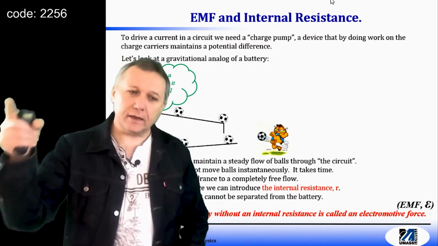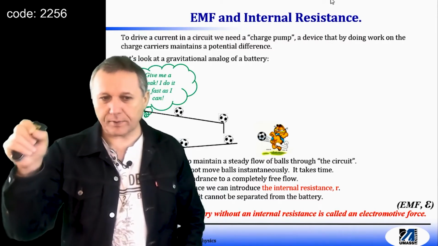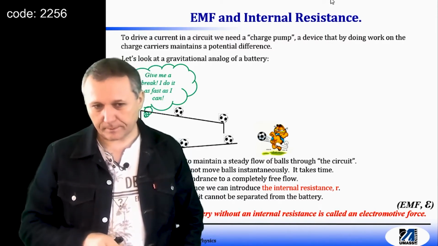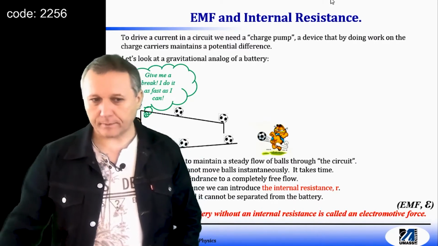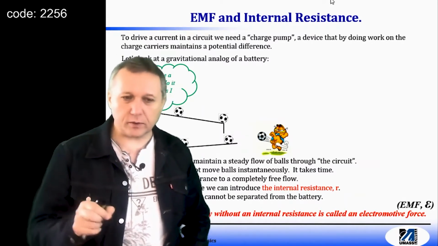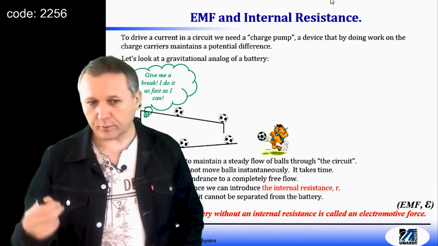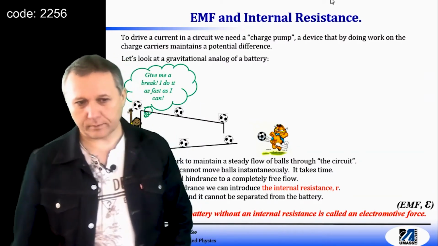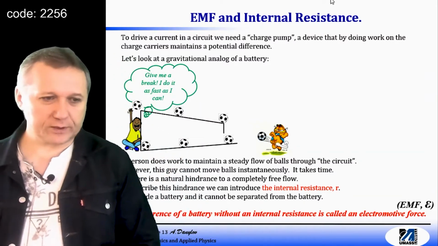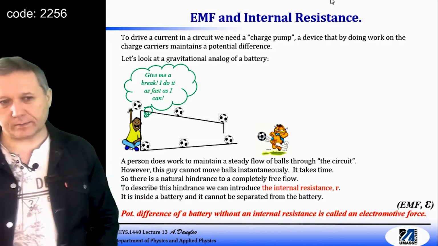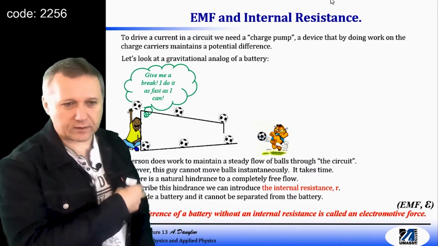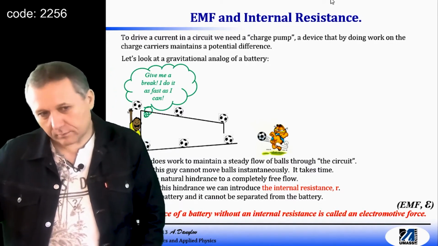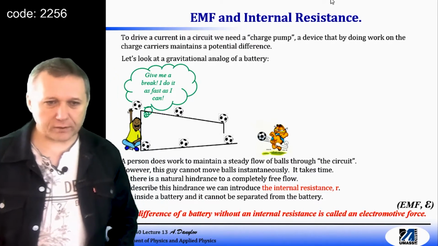Open it up, and at the very end there is a capital epsilon. If you put a cursor above that, it will show you EMF. Don't use small epsilon, because Mastering Physics will tell you that is wrong. So be careful with that, because every semester a few students send me a mail: how come Mastering Physics doesn't accept my answer? My answer is correct. Yeah, be careful with that.